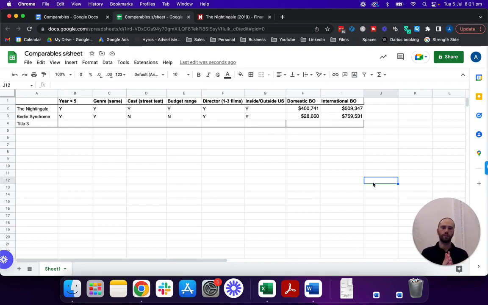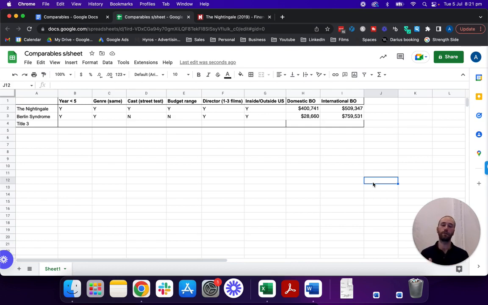So a couple of things to keep in mind. One, we're in the age of streaming. So if a film lands on Netflix or Apple or Amazon and gets a worldwide deal, we're not going to be able to find those numbers. The first thing I would do is search to see if the sale was disclosed, because if it was a high profile sale, or a sale at a big festival, sometimes those figures get published.